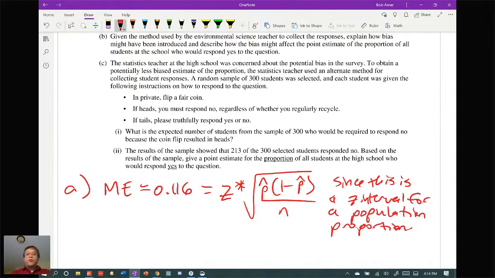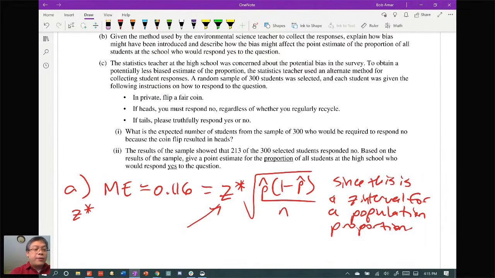Because this is a z interval for a population proportion, and I know p hat, and I know z star. If you don't have z star memorized, you should know the common z stars for one proportion z intervals.